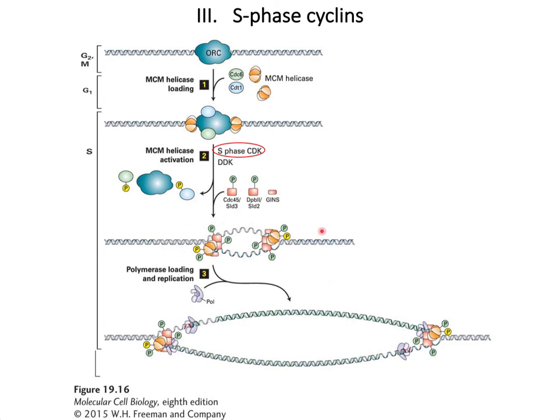So now the DNA begins to unwind, and phosphate groups are added directly onto the components of the replication origin, which activates them and will induce the initiation of DNA replication in the cell. Again, this is just generally how the S-phase cyclin initiates DNA replication. Obviously, it is much more complex than what I just discussed, but just the overview of the process is necessary.